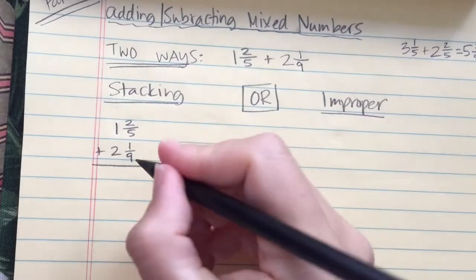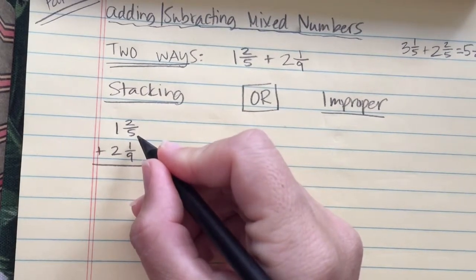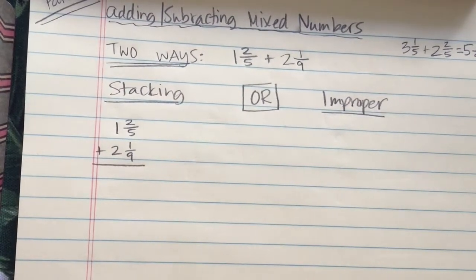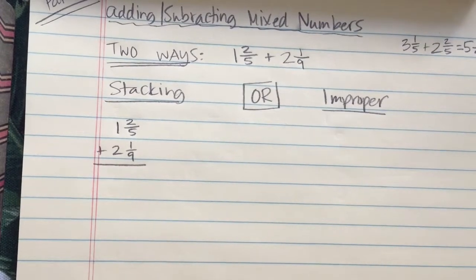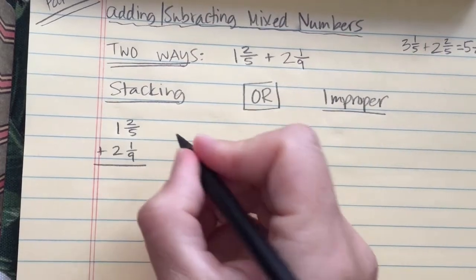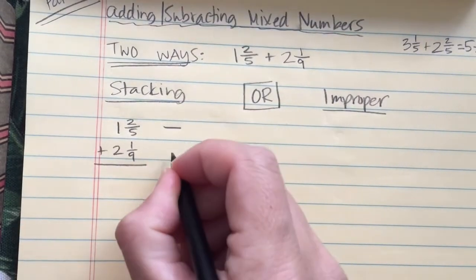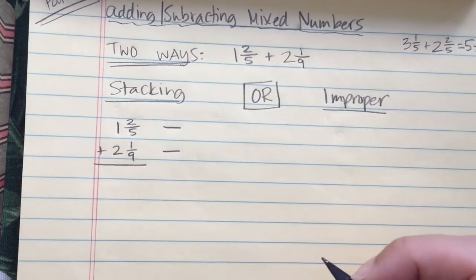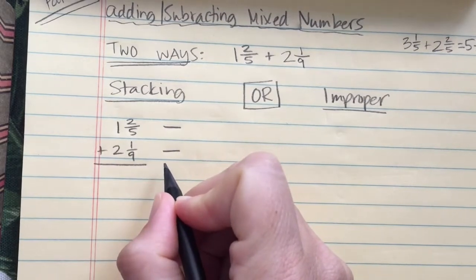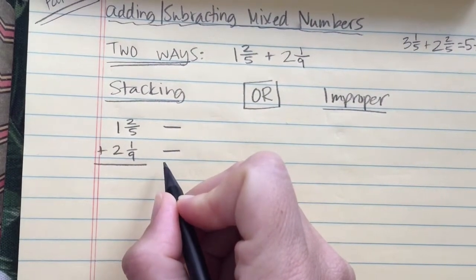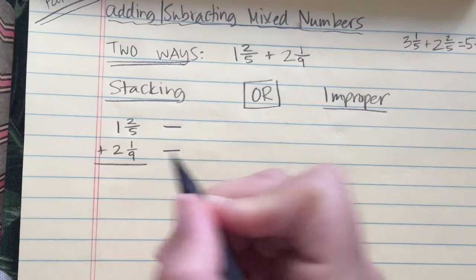Now, you have unlike denominators here, so you're going to need a common denominator, just like if you were adding and subtracting regular fractions. So what I'm going to do over on the side here is give myself a new fraction to work with using my common denominator, which in this case would be 45.